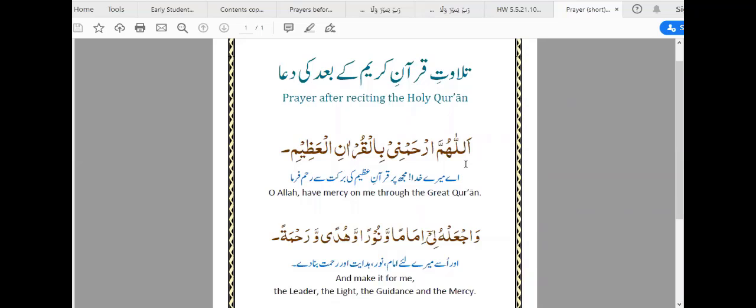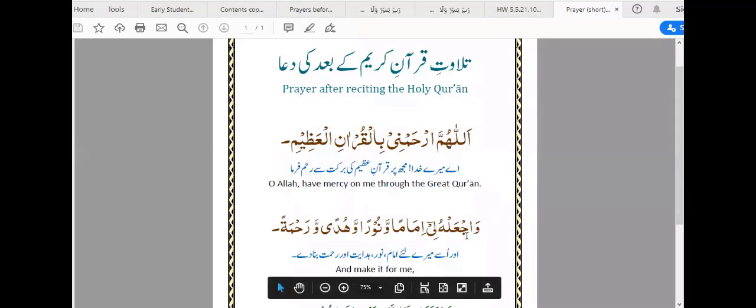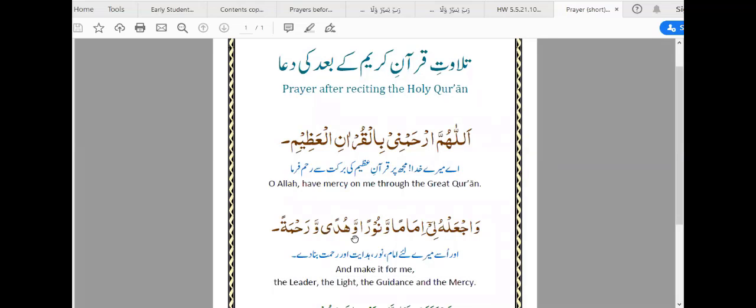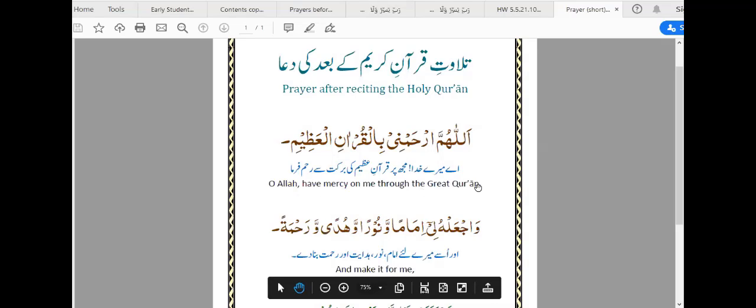Allahumma arhamni bil Qur'anil azim, waj'alhu li imaman wa nuran wa hudan wa rahmah. Can you read the translation for me as well, please?